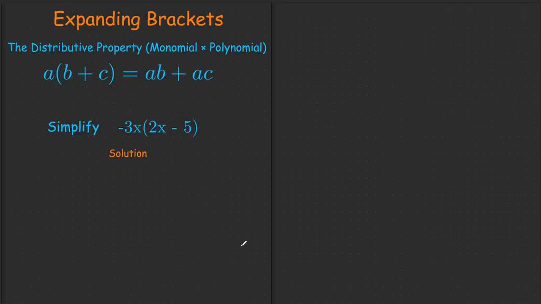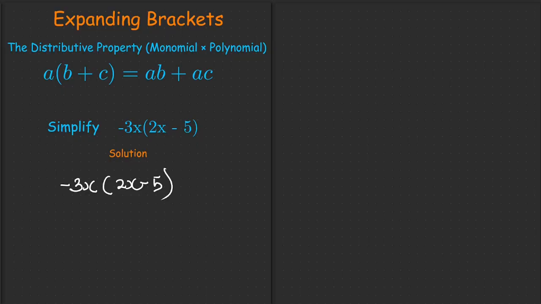So for the example on this distributive property, we have: simplify negative 3x into bracket 2x minus 5. Our visitor here becomes the negative 3x, and it has to visit or greet each and every term in the house. That is what the distributive method says.